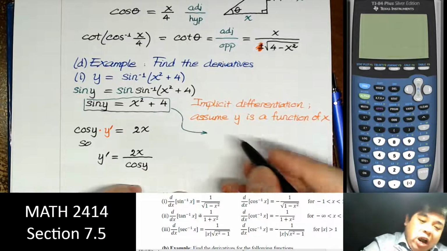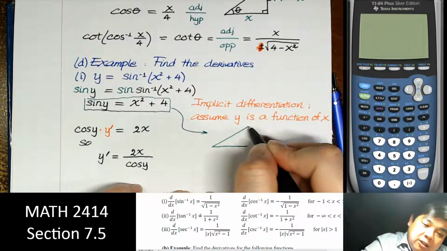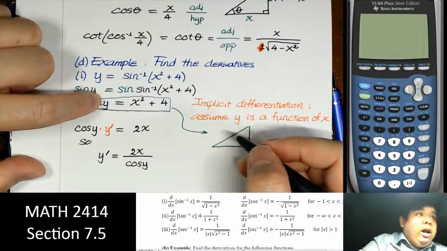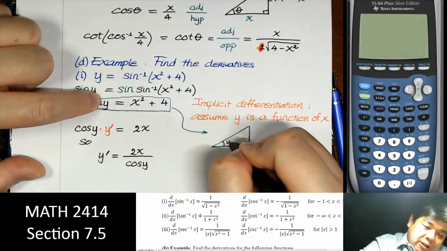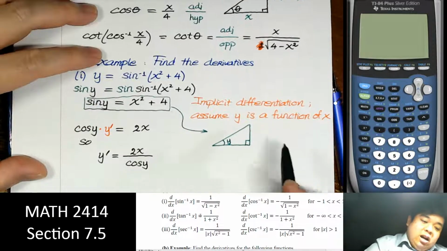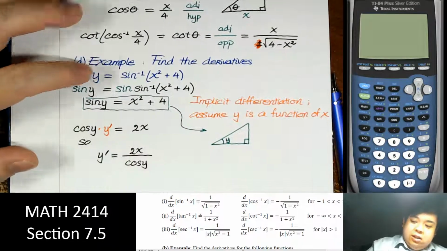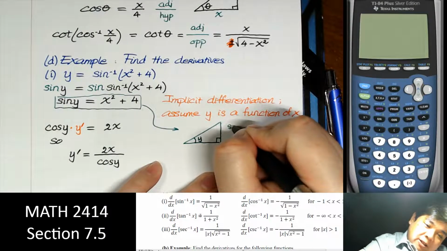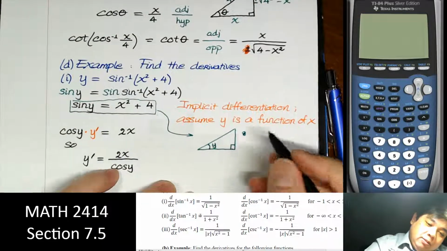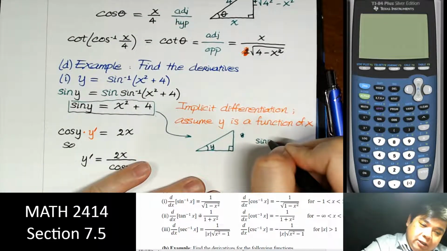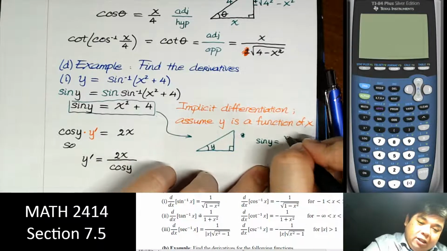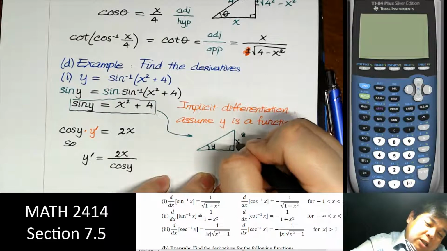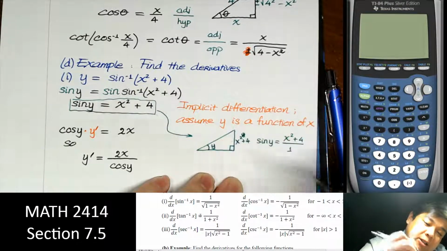what we have is sine y equal to x squared plus 4. We certainly can draw a triangle for that. A right triangle. y is going to be the angle, and sine is opposite over hypotenuse.